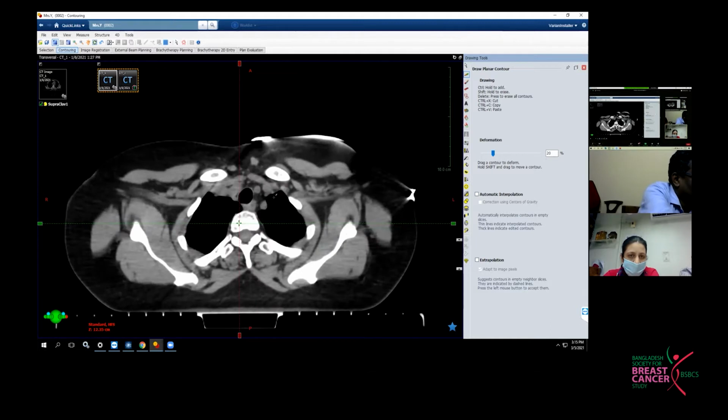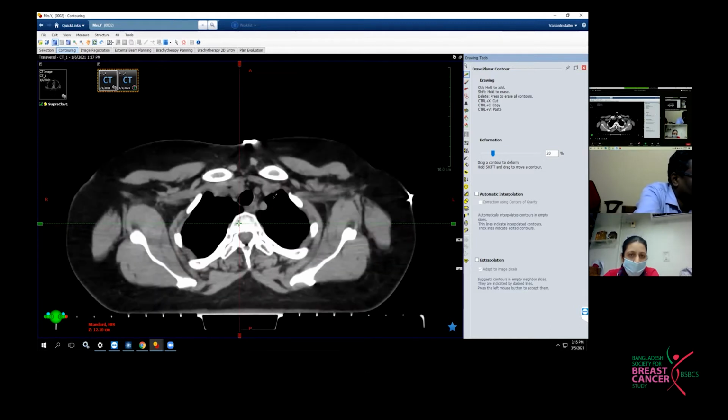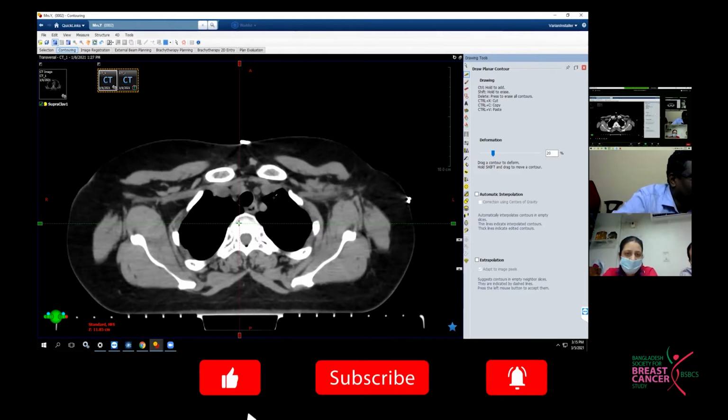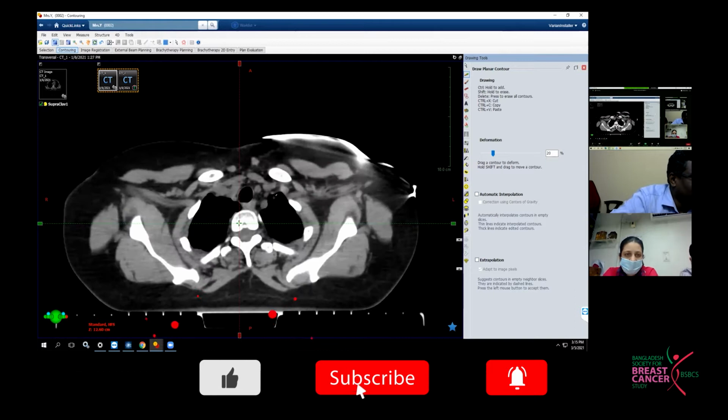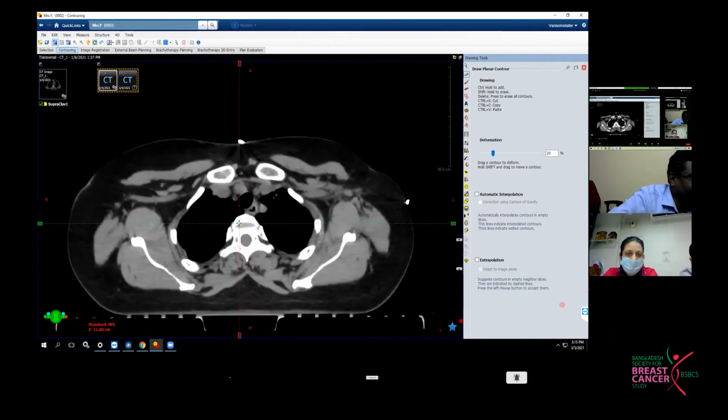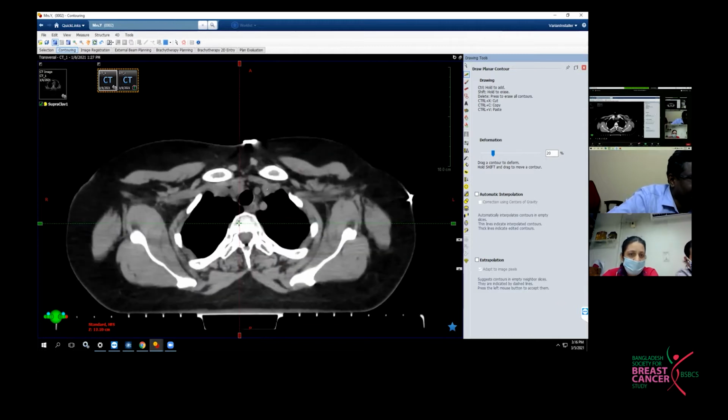Yeah, go down again, one or two cuts. Yeah. So here, please tell us, identify the structures in this cut. Stop at this level and let us identify the structures.